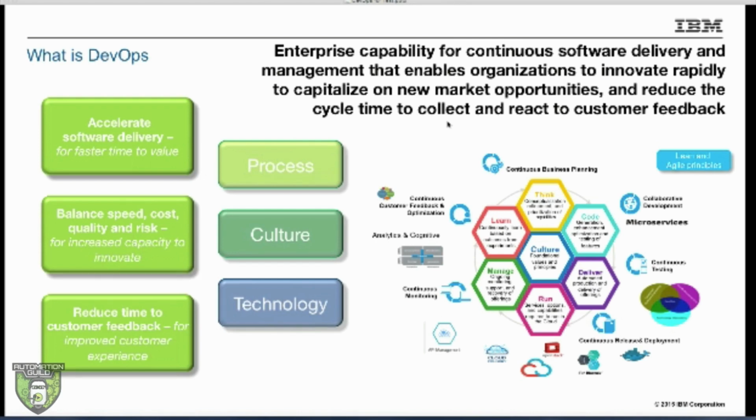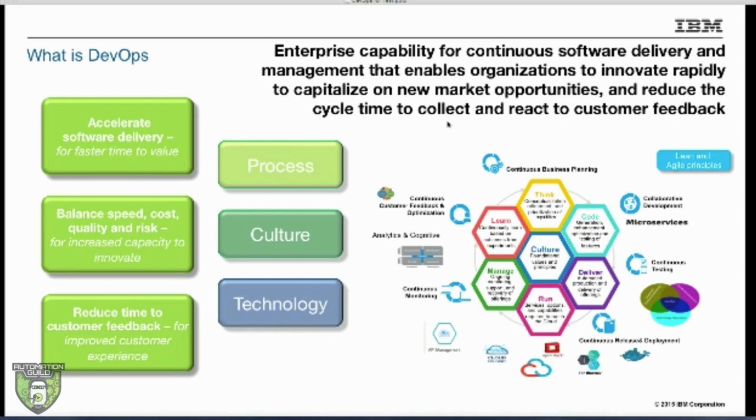It's that underlying culture, and through that, the change in processes. Technology is there to support it. And so we all need to have the right tools and capabilities to support this transformation and to support the automation required. But at the heart of it, it's all about culture and process.